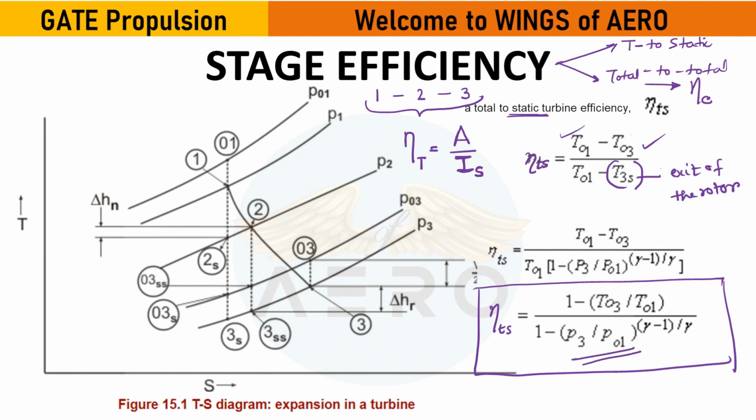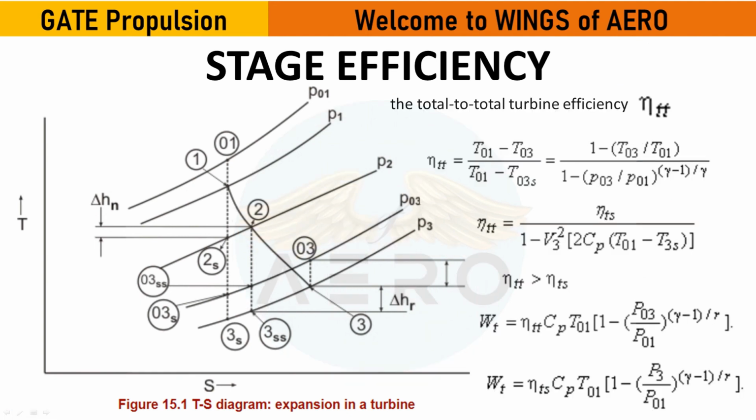Isentropic relation, T3 by T01 we get as P3 by P01 to the power gamma minus 1 by gamma.